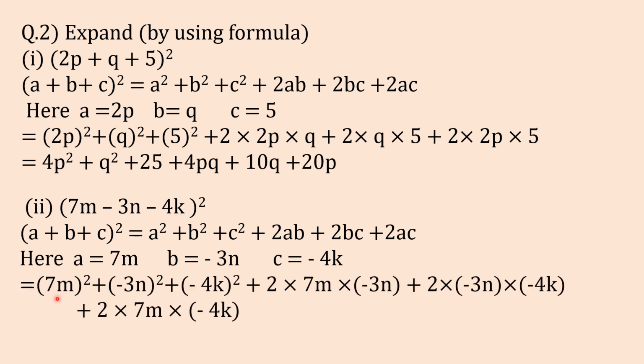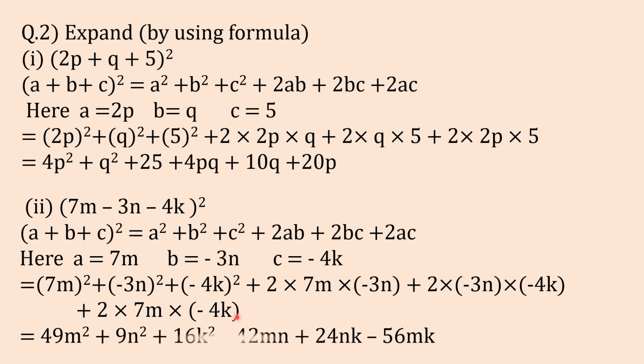You'll get 7m square plus in bracket minus 3n square plus minus 4k the whole square plus 2 into 7m into minus 3n plus 2 into minus 3n into minus 4k plus your 2ac, so 2 into 7m into minus 4k.